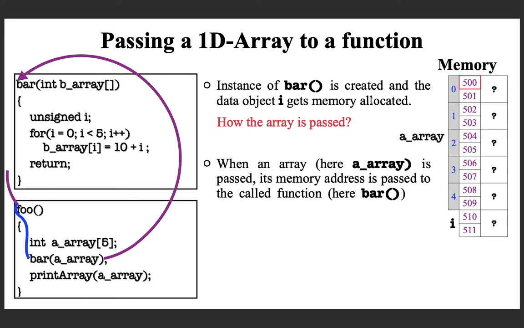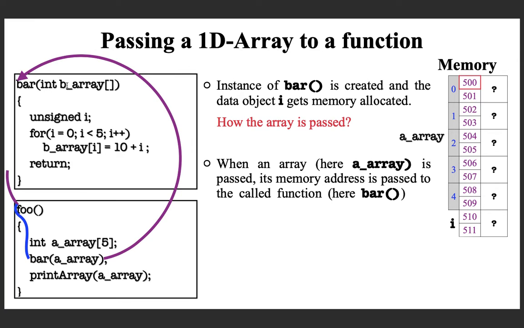Okay, from the lecture we defined single dimensional array. We know that the address of the single dimensional array is nothing but the starting address of the sequence of locations allocated to the array. So it's 500. So in the C programming language, when you pass an array like this, what is passed is actually the address of the array, and that's very clear because we know that the name of the array is nothing but the address of the array.